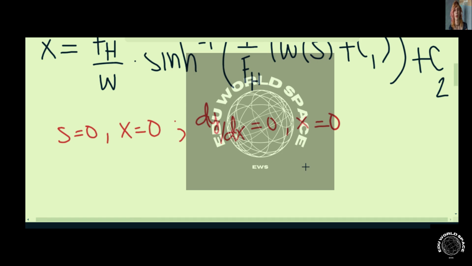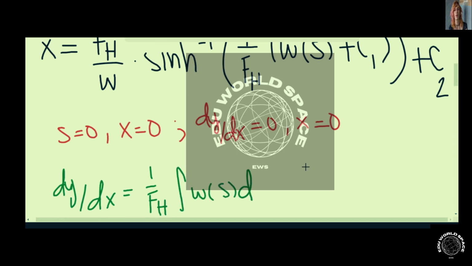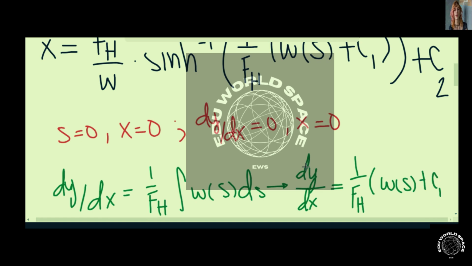But you have to remember that for this section, they gave us the equation that dy over dx equals 1 over F_h times the integral of w as a function of s times ds. When you take the integral of that part of the equation, you get that dy over dx equals 1 over F_h times (w times s plus c1).